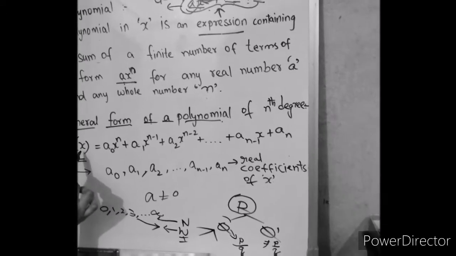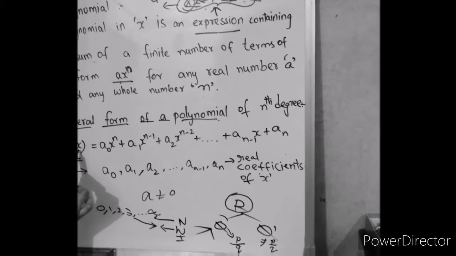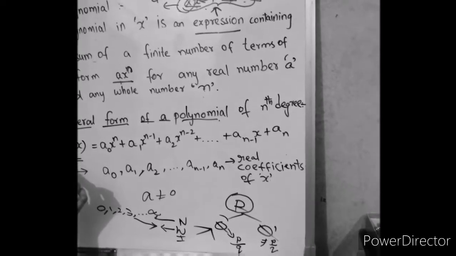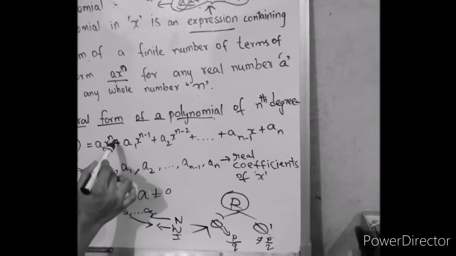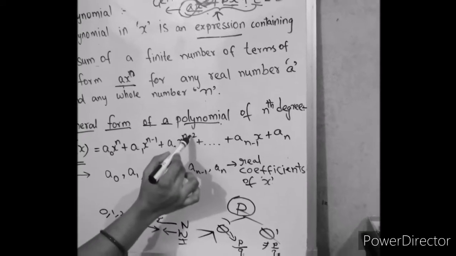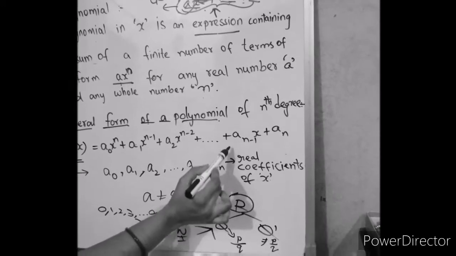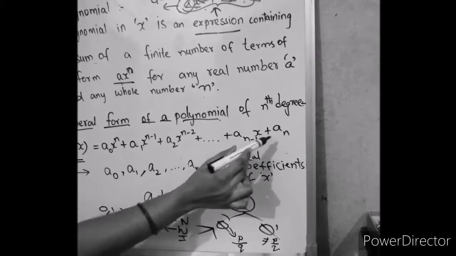P of x is read as polynomial in variable x. p of x is equal to a naught x power n plus a1 x power n minus 1 plus a2 x power n minus 2 plus and so on plus a n minus 1 x plus a n.